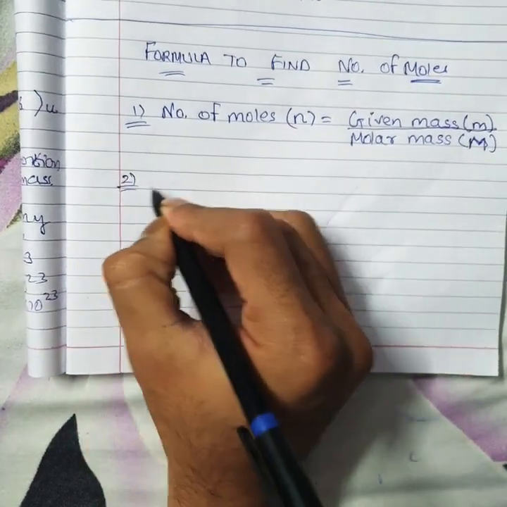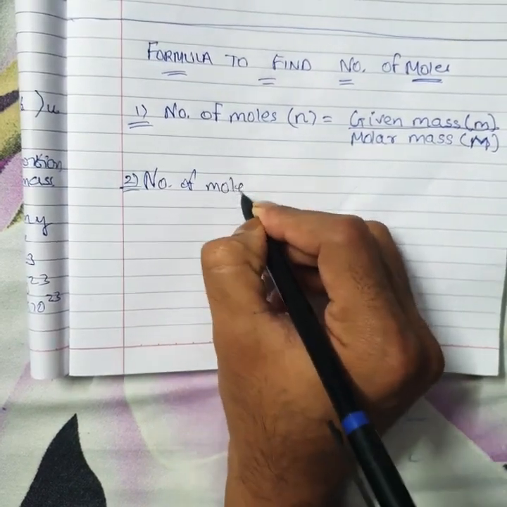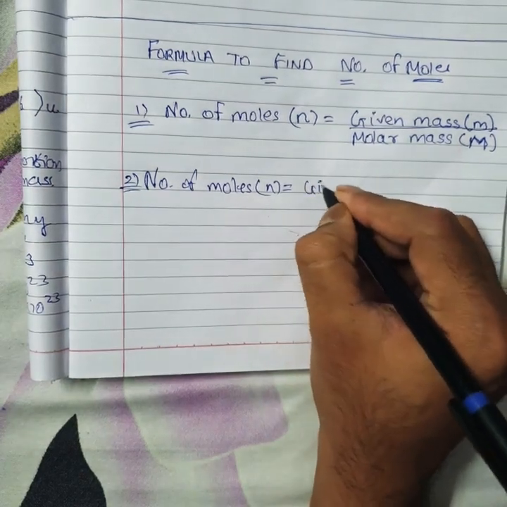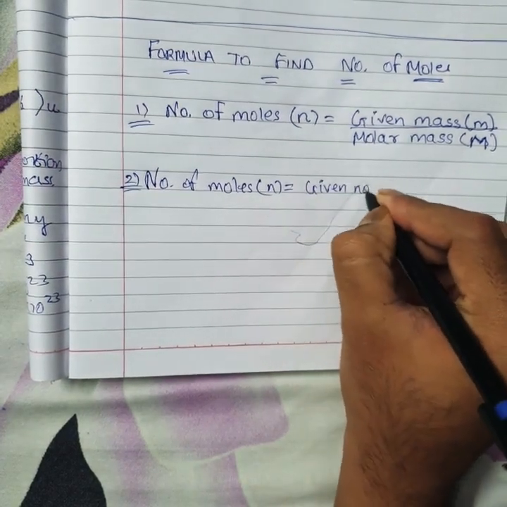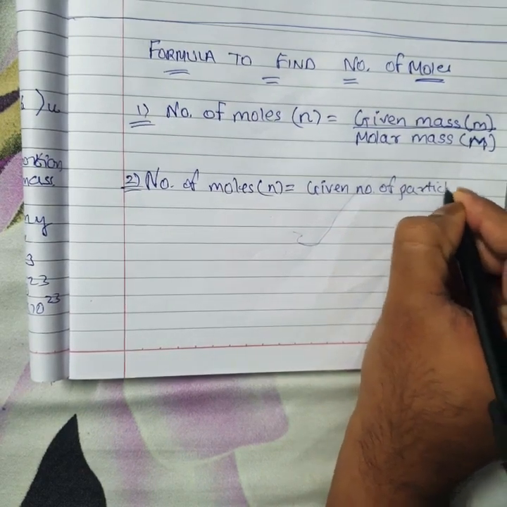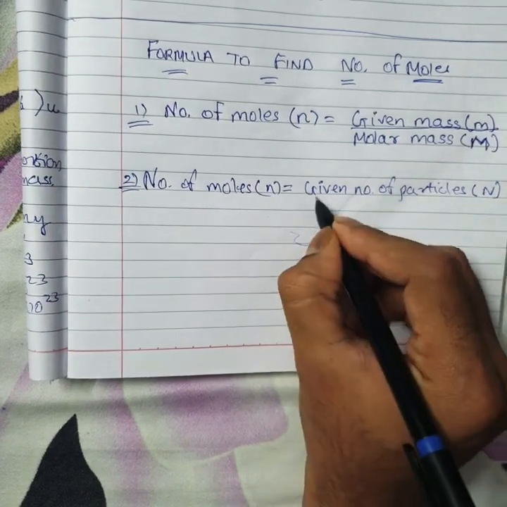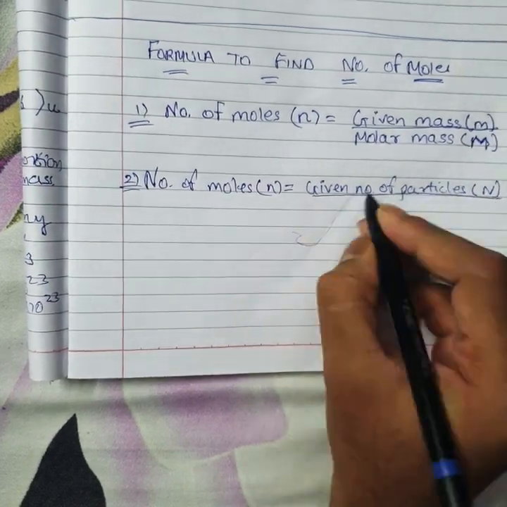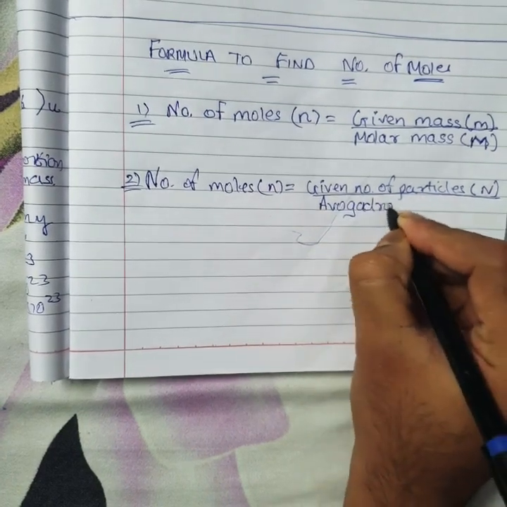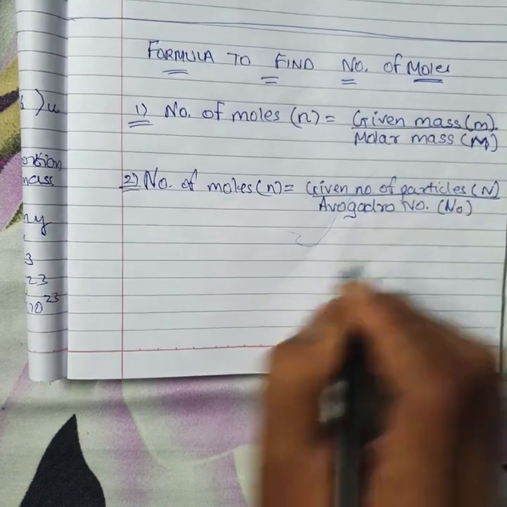And second, with respect to particles, the same number of moles, small n, is nothing but equal to the given number of particles, that is capital N, divided by your Avogadro number, that is N0, right?